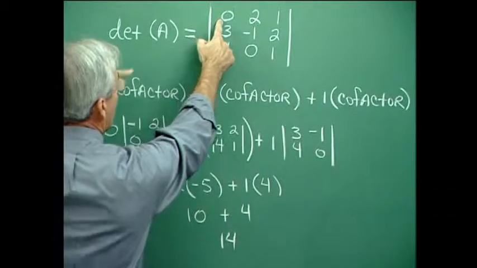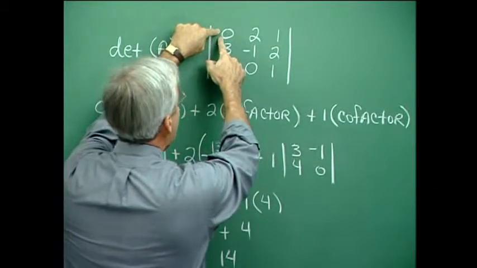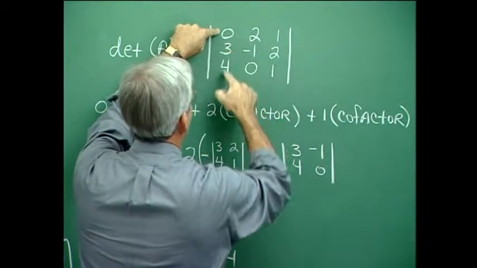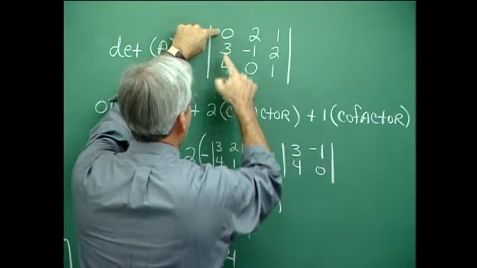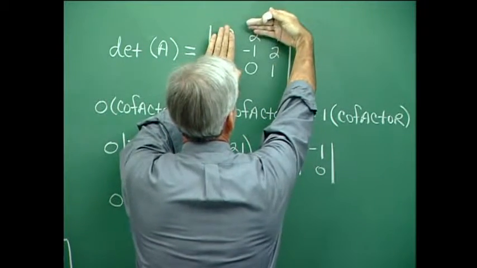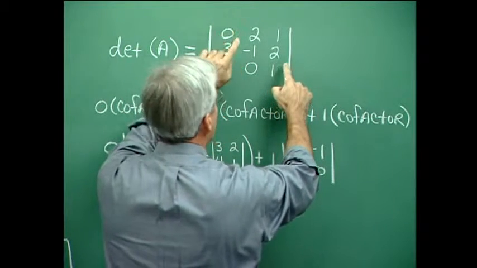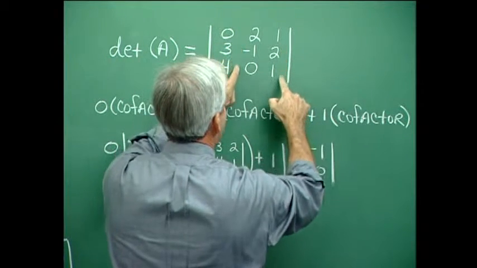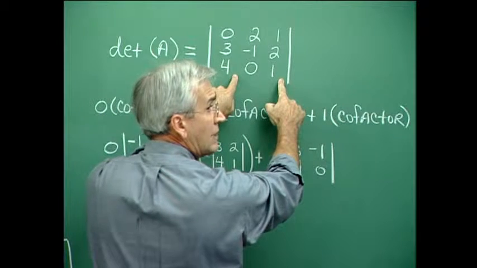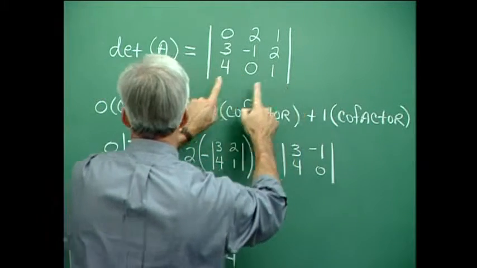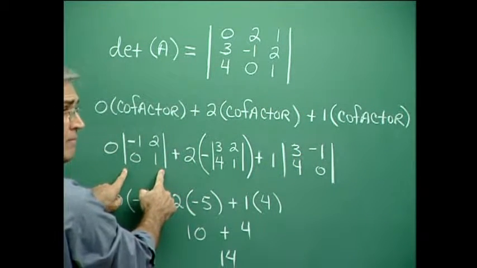Look at the entry 0. Now, imagine taking out the row and column involved with 0. Just take it out and imagine those not being there. What's left? Well, -1, 0, 2, 1. And it's the determinant of that little 2 by 2 matrix that turns out to be its cofactor.